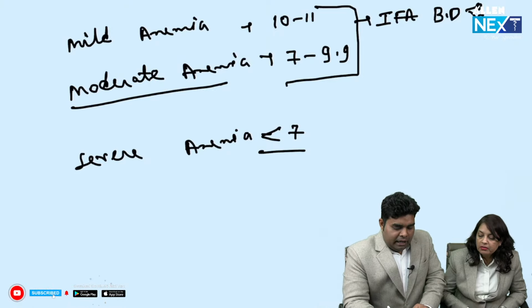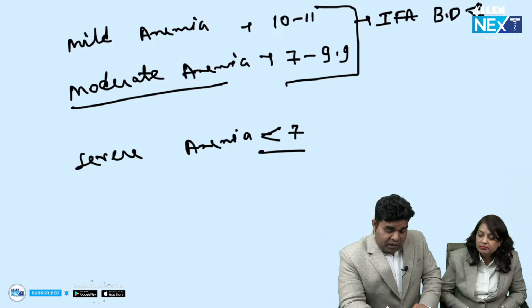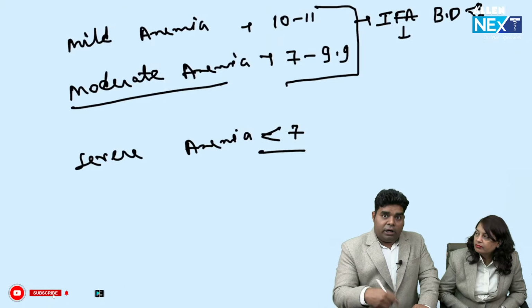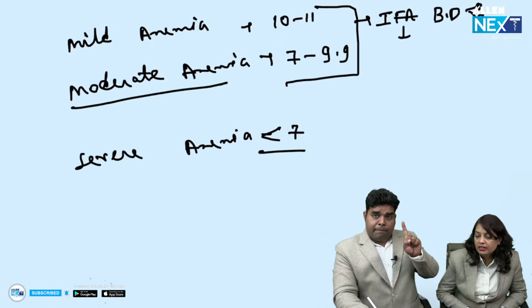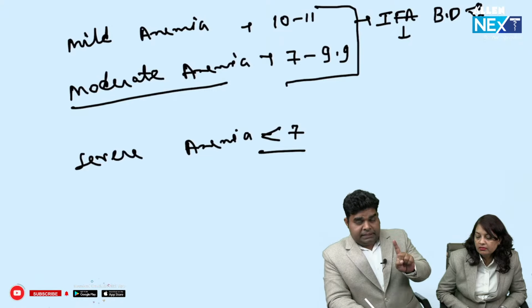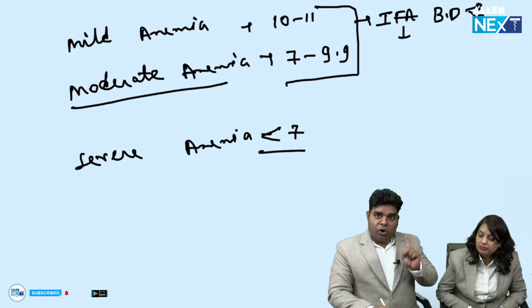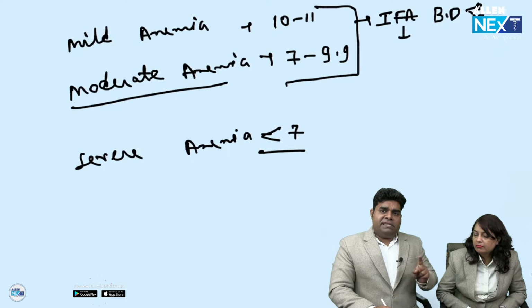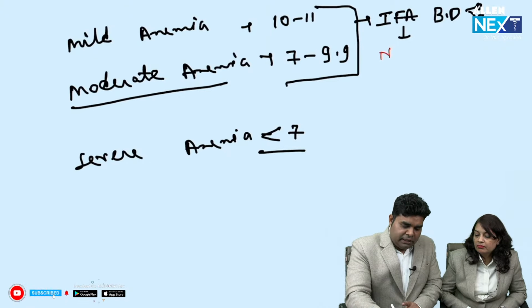What about severe anemia? In this case, if the female cannot tolerate iron tablets, then an injectable can be given. Yes, we can go for injectable if she is not tolerating, or if she came very late in pregnancy. So these 2 conditions you have to remember: not tolerating IFA, or very late in pregnancy.